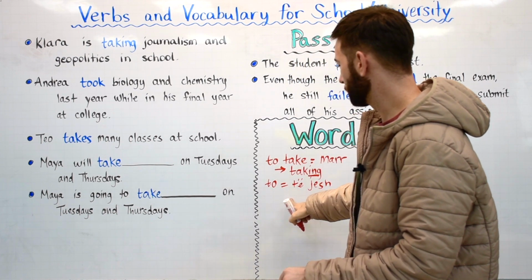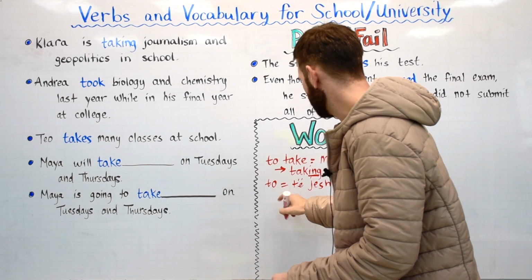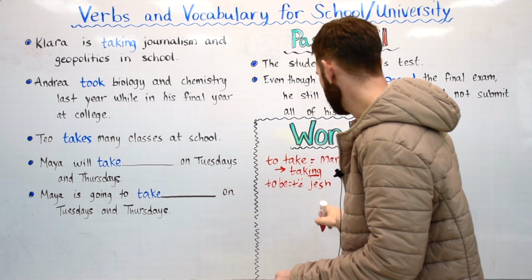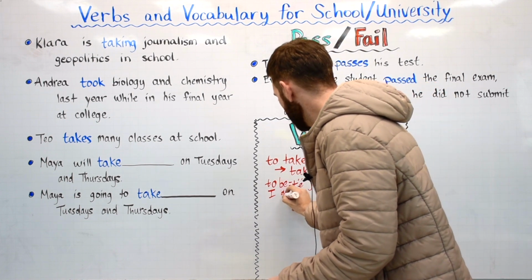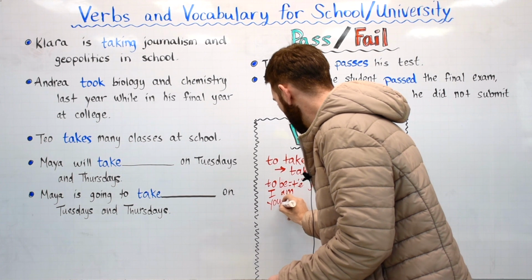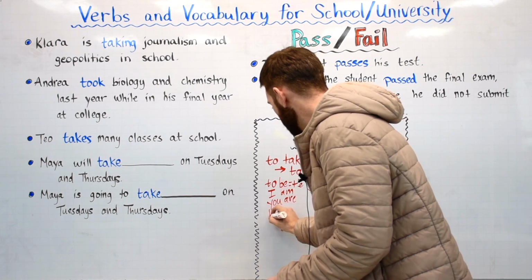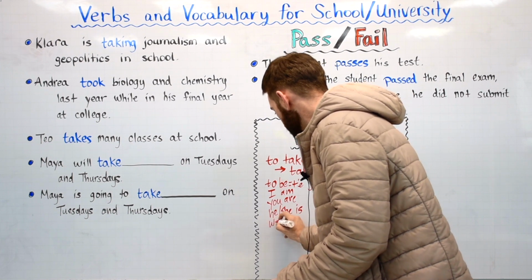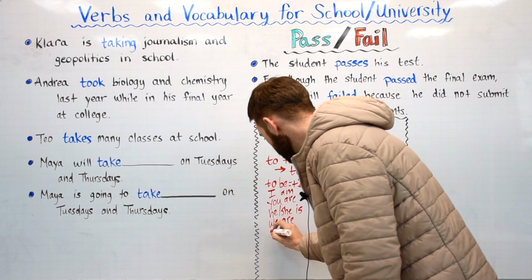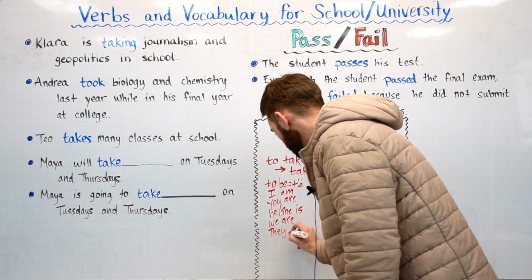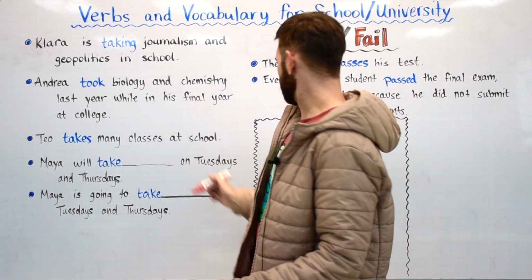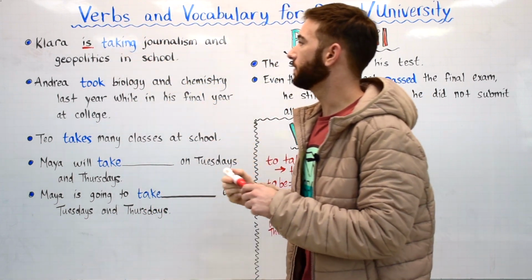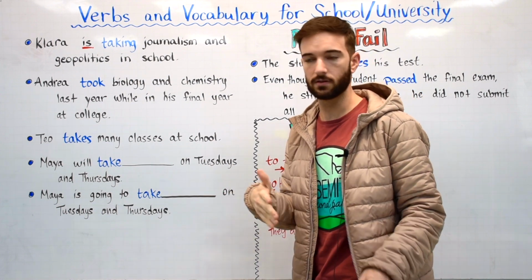It's I am, you are, he, she is, we are, and then they are. So we take the verb to be, and then we have the verb taking, which comes from the verb to take, okay?